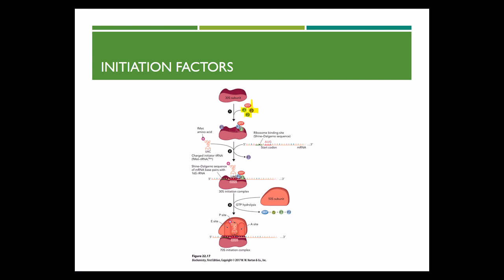The formyl methionine transfer RNA then is going to bind to the 30S subunit with the assistance of initiation factor 2, which is a GTP binding protein.